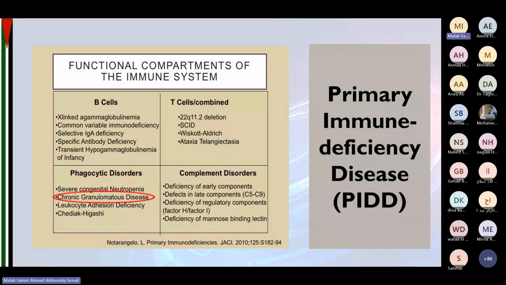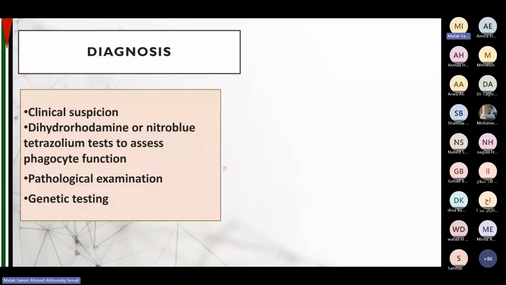The diagnosis of CGD can be done based on, number 1, the clinical suspicion through characteristic clinical features such as recurrent infections and lymphadenopathy, or a positive dihydrorhodamine or nitroblue tetrazolium test, which are phagocytic function tests.